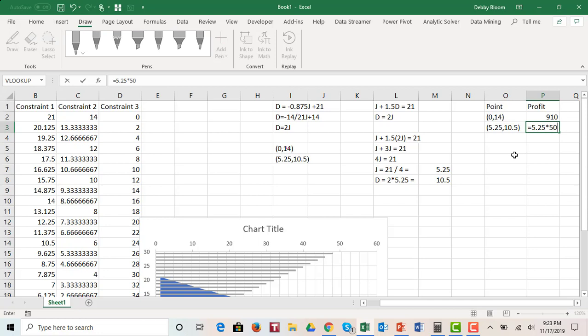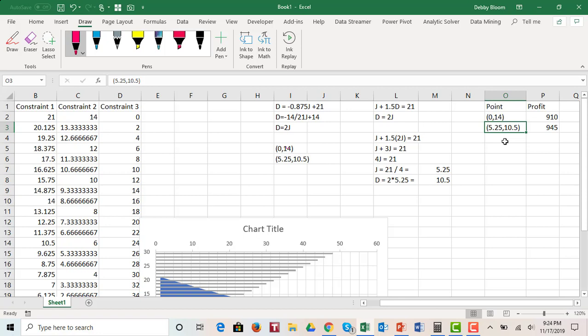We make a profit of 50 for each Jordanelle, and then we add 10.5 multiplied by 65 because we make a profit of 65 for each Deercrest. So we get a profit of 945, which after all of that work, what is this, like 33 minutes or something on this video, we finally found our optimal point, 5.25 and 10.5.